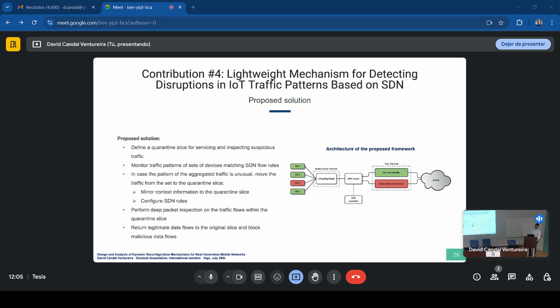This ensures that suspicious traffic is still processed until malicious traffic is detected and blocked, because within this suspicious traffic, there may exist legitimate data flows.